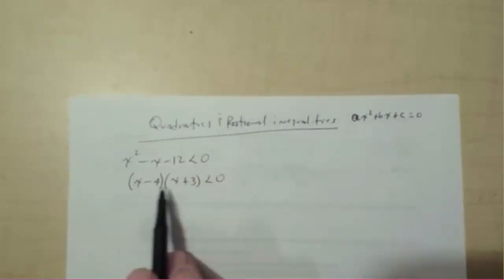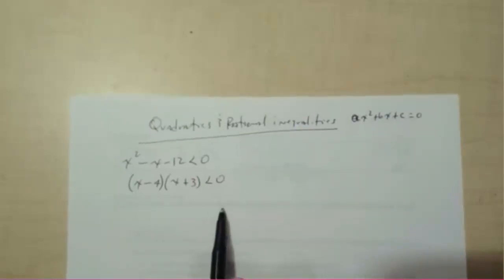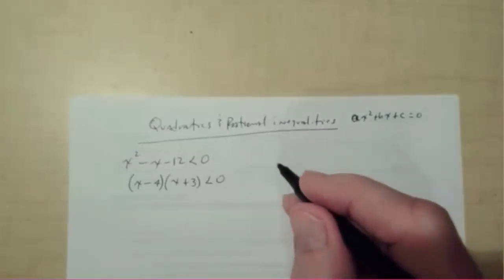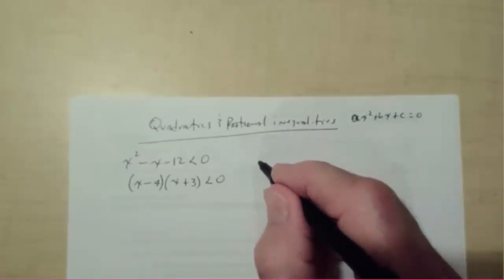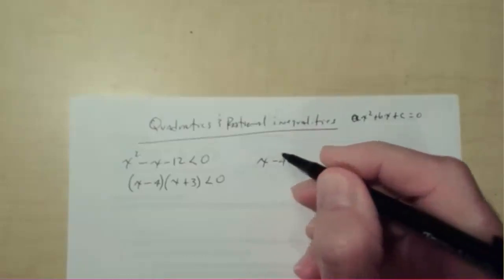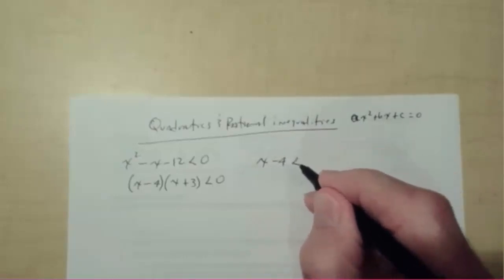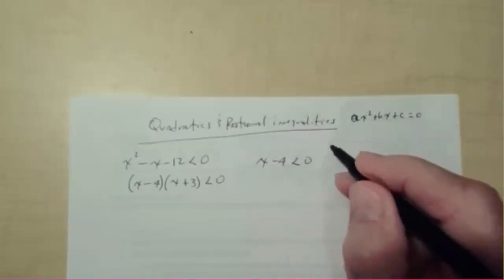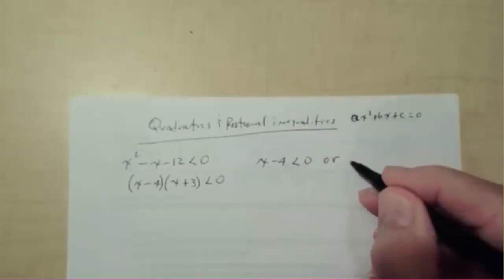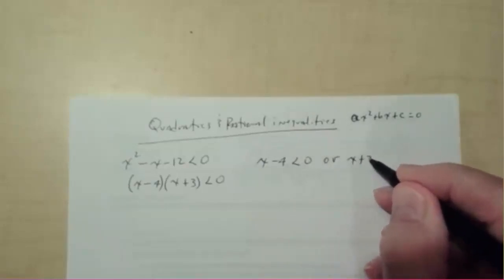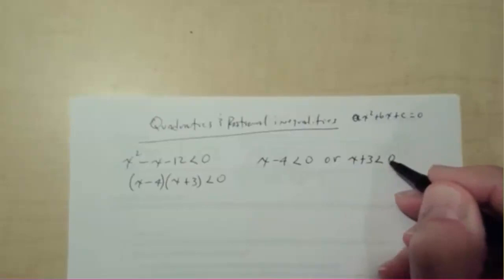You remember how we solved these before when they were equations? We set each one equal to 0, but this time we set each one less than 0. So we have x minus 4 less than 0, or x plus 3 less than 0.